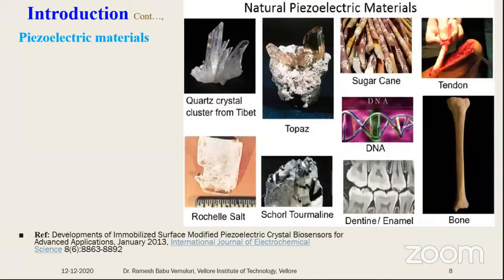So these are the various piezoelectric materials which are available in nature. And after processing, we can use these in our real-time applications. Sugarcane, DNA, dental enamel, and majorly quartz is the first smart material. Topaz and sugarcane; sugarcanes are not being explored much.